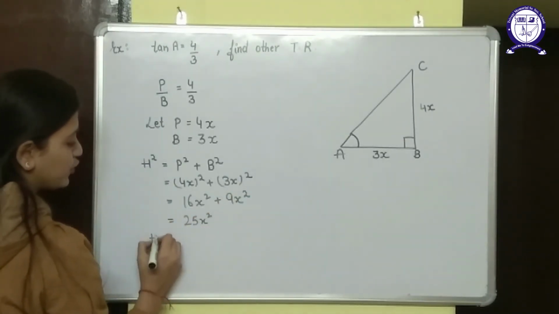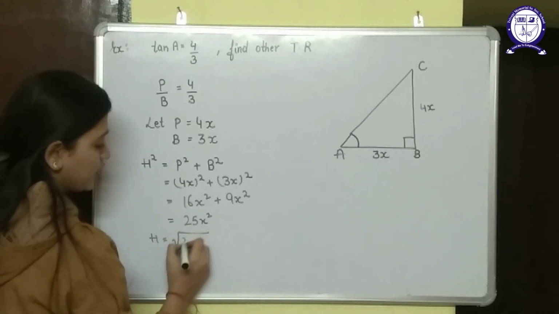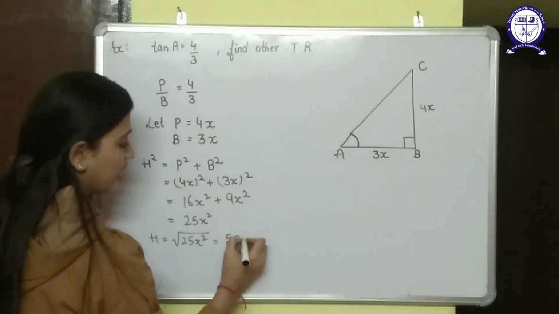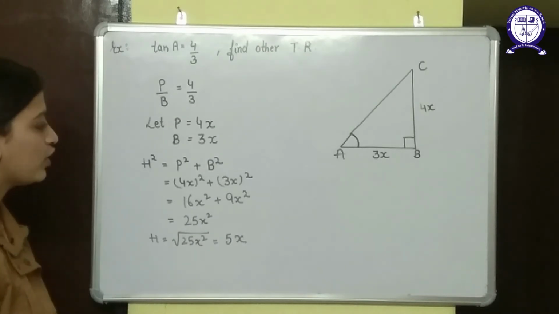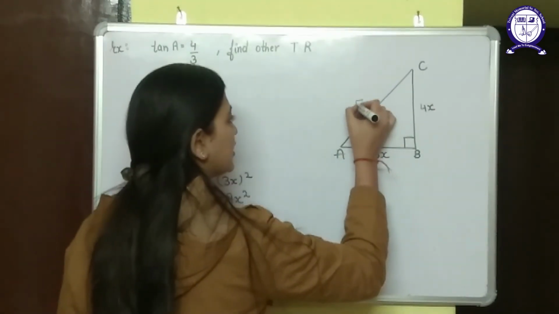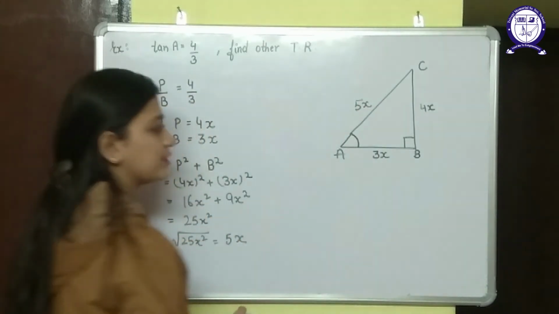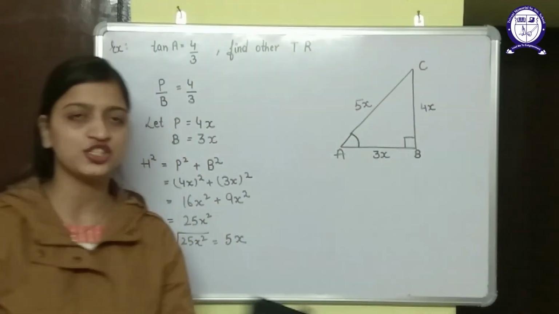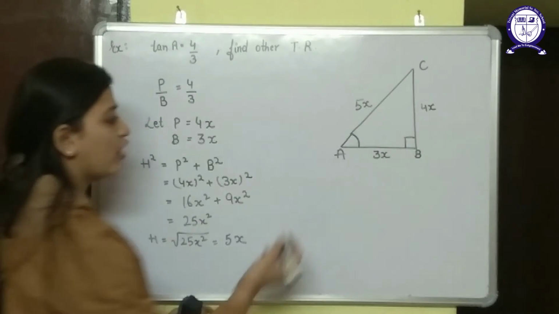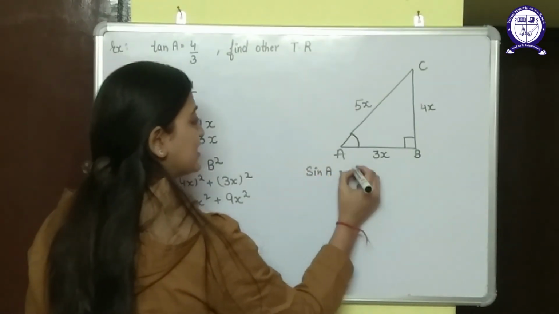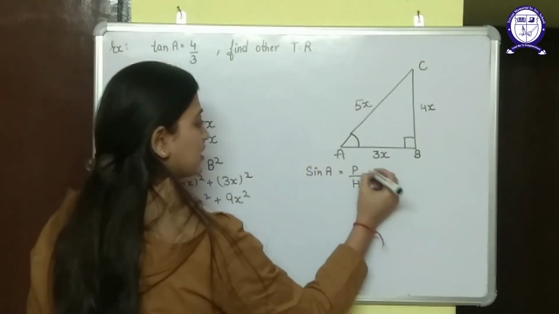So my hypotenuse will be under the root 25x square, that is 5x. So my hypotenuse will also come in the form of x, that is, this is also a multiple of x. Now I got the values of P, B and H, so I can find the ratios. First ratio is sine A, that is P upon H.